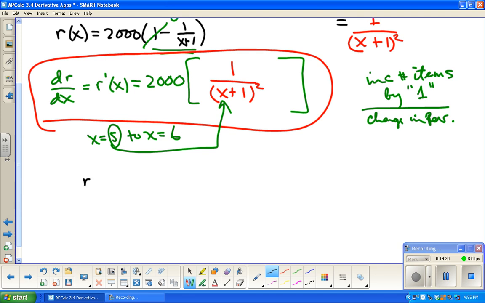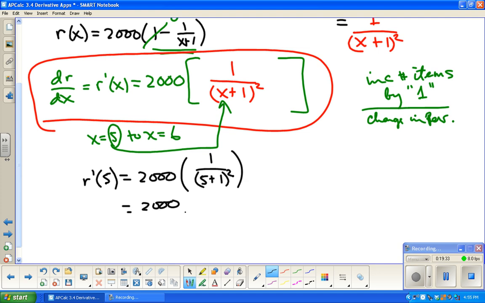So R prime of 5 is 2,000 times 1 over (5 plus 1) squared. This ends up 2,000 over 36, and I don't know what that number is. $55-ish.